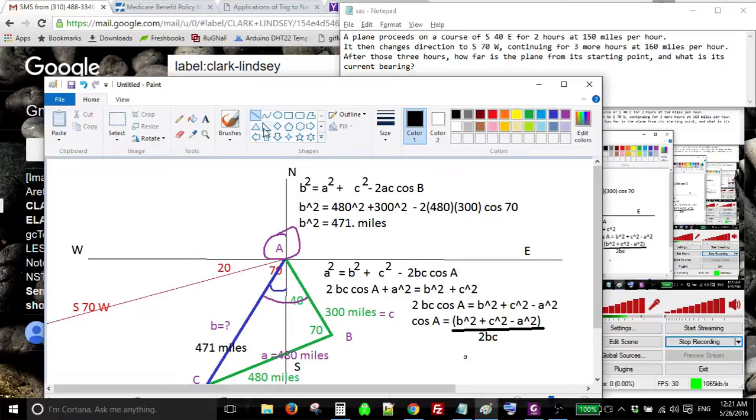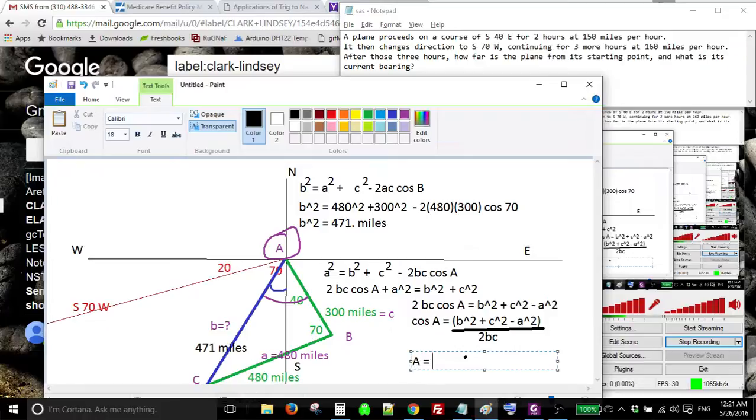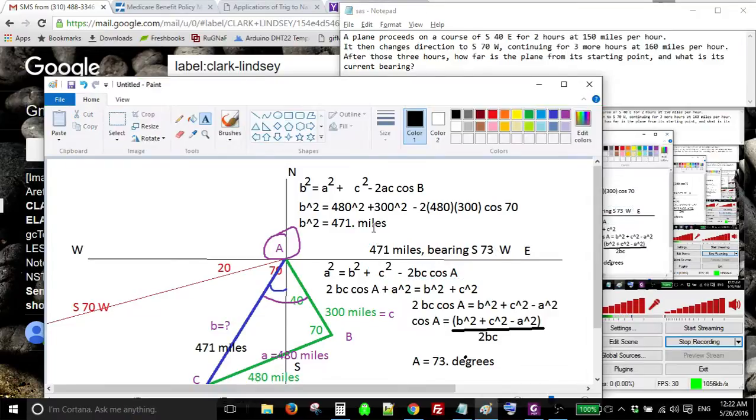Okay, so I substitute stuff in here, so I end up with A equal to the inverse cosine of some junk, and it ends up being the case that A is about 73 point some degrees. And so the answer is 471 miles, bearing south 73 degrees west. All right. So that is the answer.